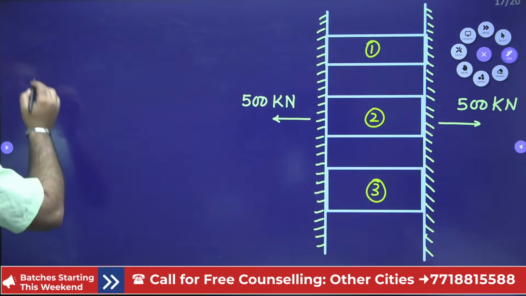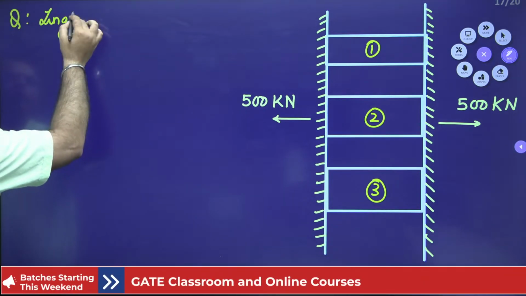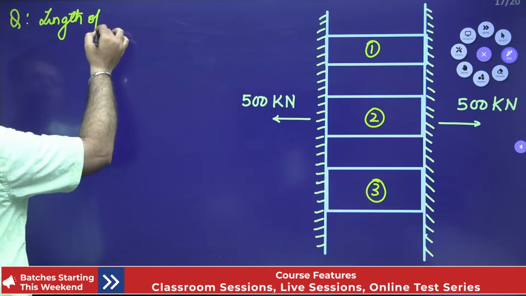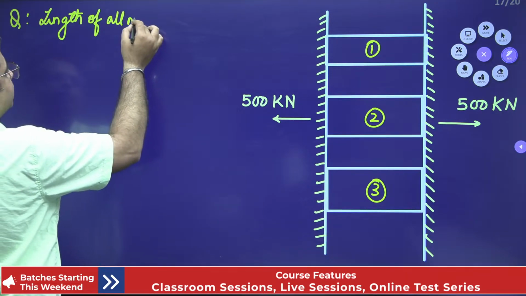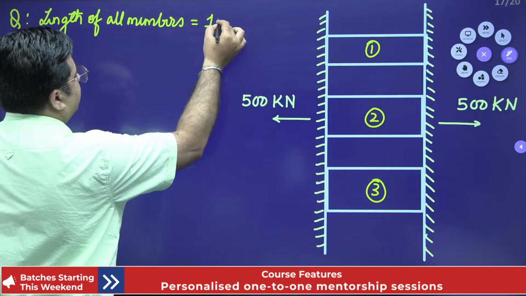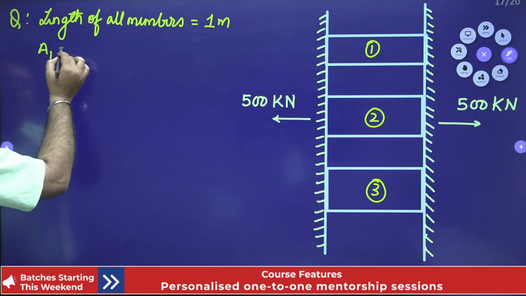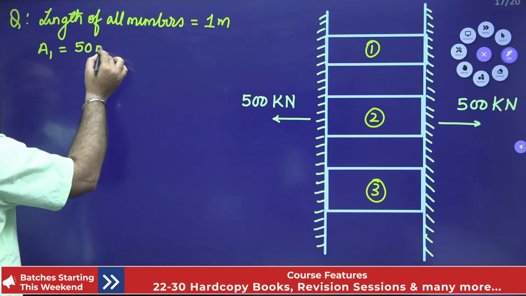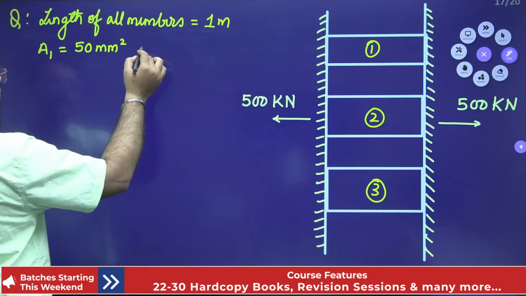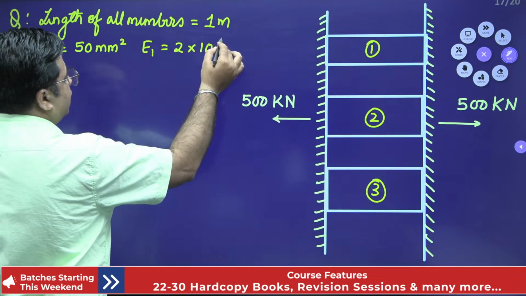Length of all the members is 1 meter. For first member, A1 is 50 mm square and E1 is 2 into 10 raised power 5 megapascal.